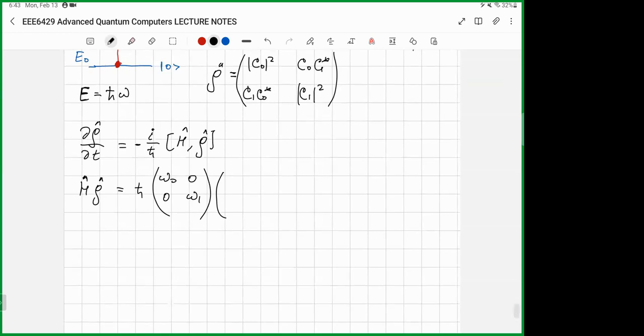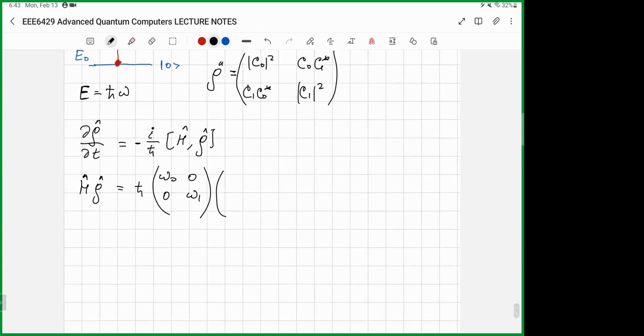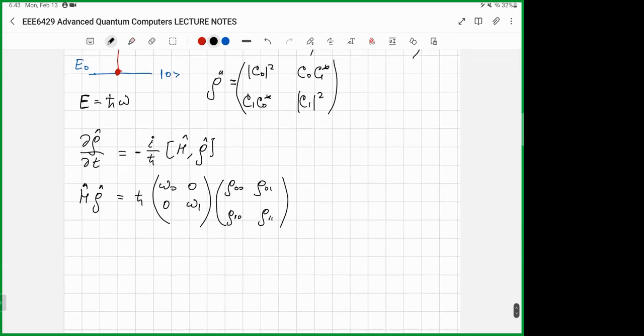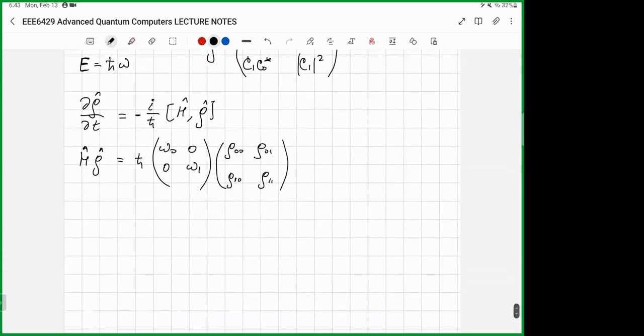I don't want to write the C0, C1 modulus, so I just write this by components: rho 0 0, rho 0 1, rho 1 0, rho 1 1. Right? And for example, rho 0 0 is the C0 modulus squared, etc.